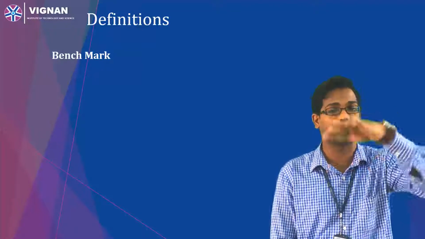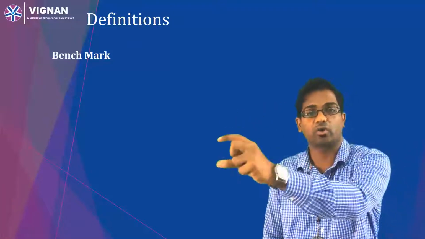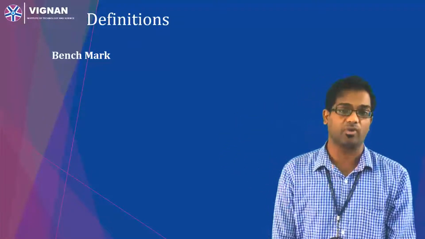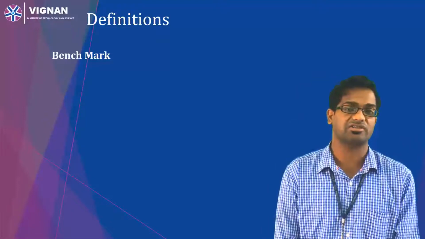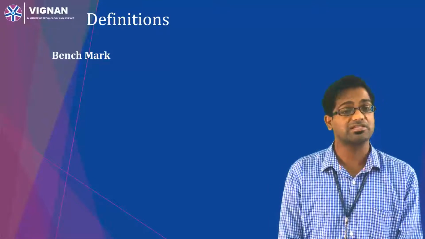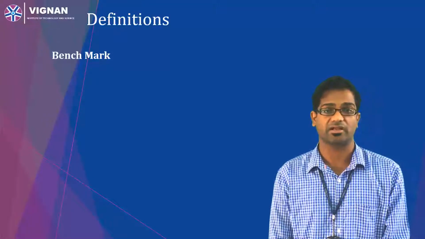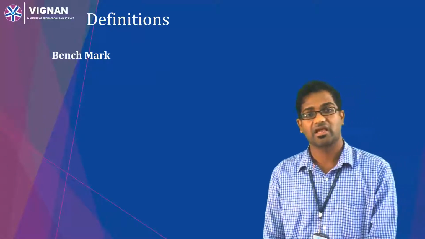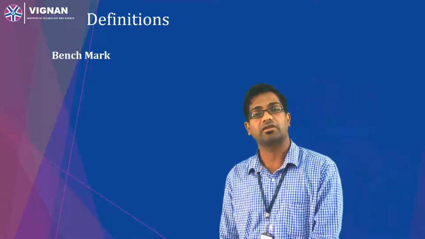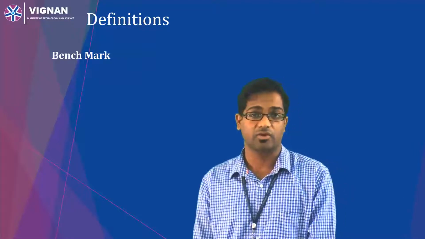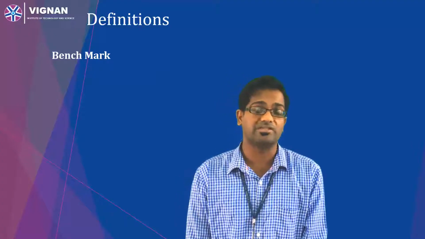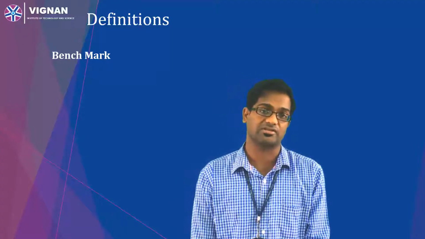From mean sea level, there are certain locations where we fix our points for our calculations. These points are called benchmarks. As I said in the previous class, mean sea level is located at Mumbai. We will not always start leveling from Mumbai, so we set up our benchmarks at different locations.